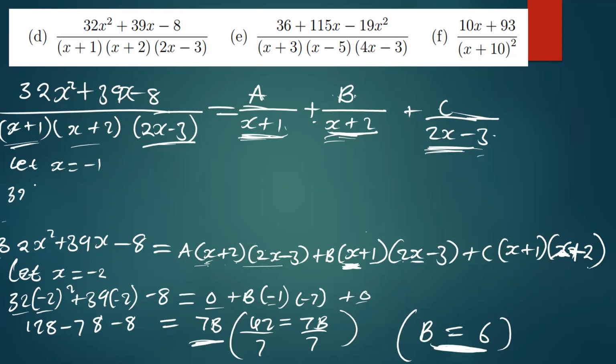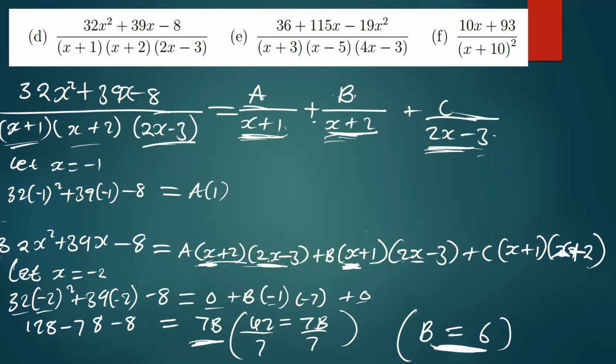So we have 32, negative 1 squared, and then we have plus 39, negative 1, and then we have negative 8. This is going to be equal to, so here when I put negative 1, I'm going to have negative 1 plus 2. The answer will be 1.